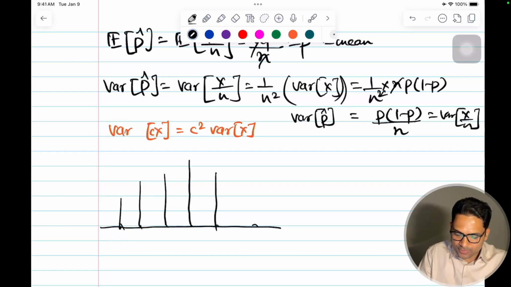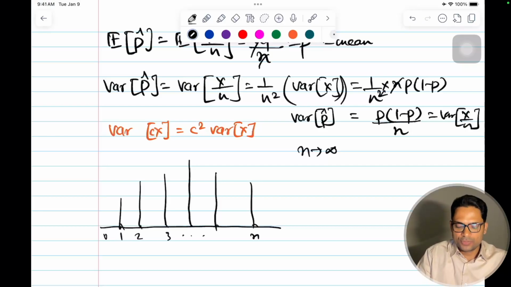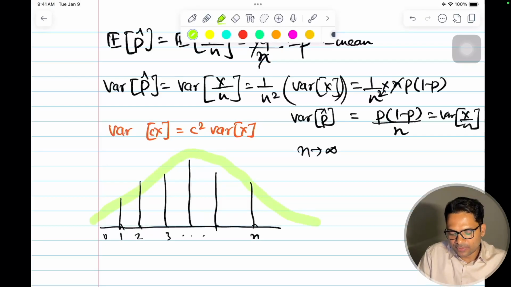What is the total number of successes at each value? And if n is very, very high, as n tends to infinity, you will see these histograms, like 0, 1, 2, 3, like this till n.